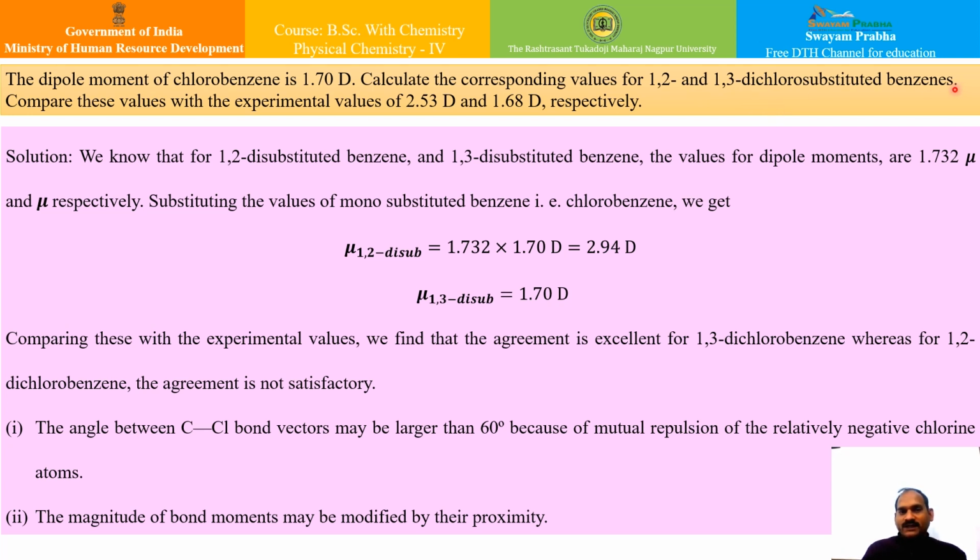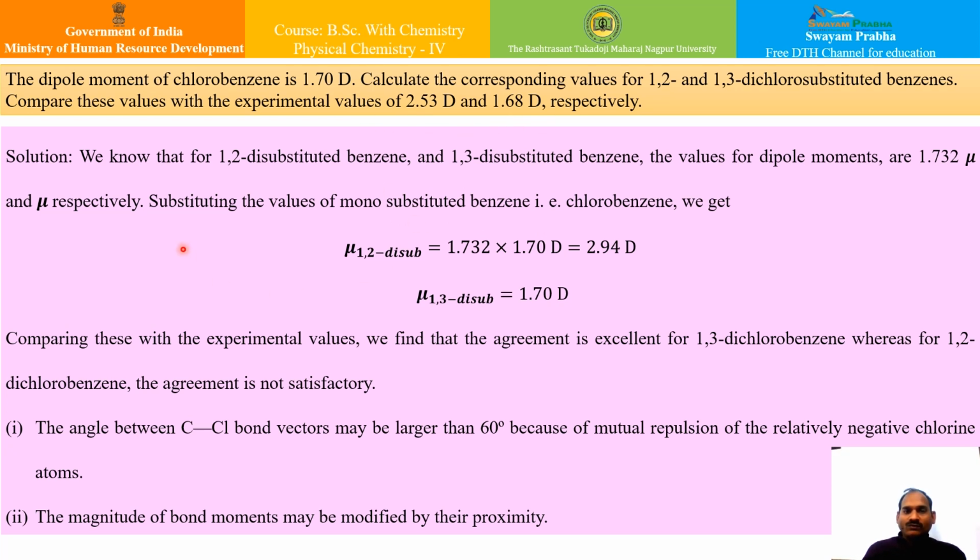Also, after obtaining these values, we need to compare these results with the experimental values, which are 2.53 D for 1,2 dichloro substituted benzene and 1.68 D for 1,3 dichloro substituted benzene. So we first need to calculate the dipole moment for 1,2 and 1,3 dichloro substituted benzene, and then comment on these values with respect to our calculated values.